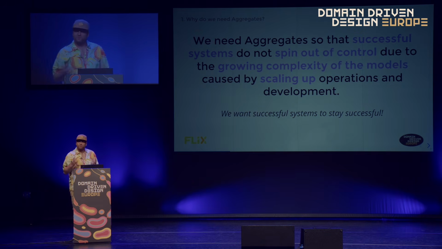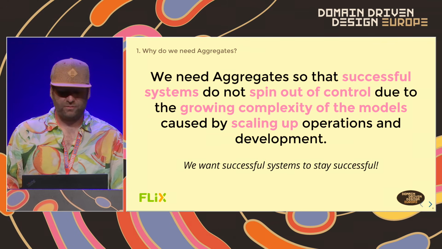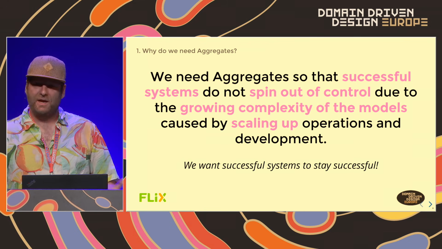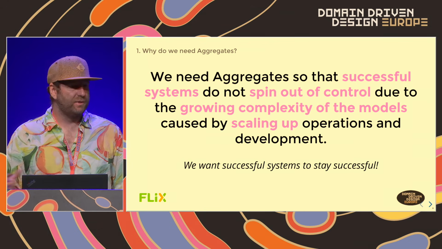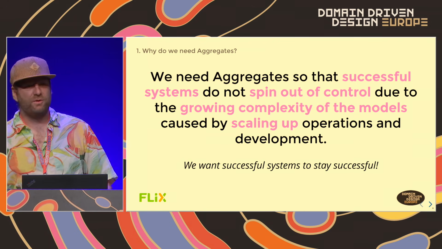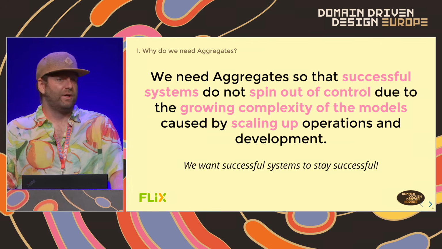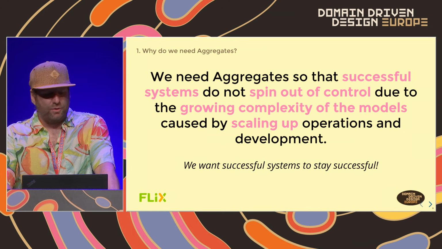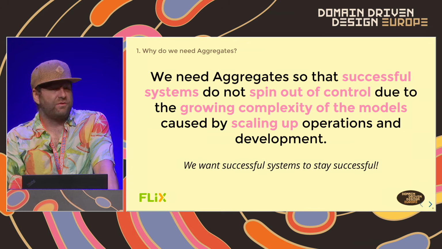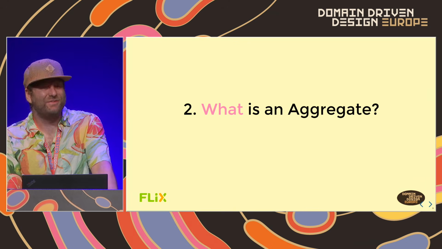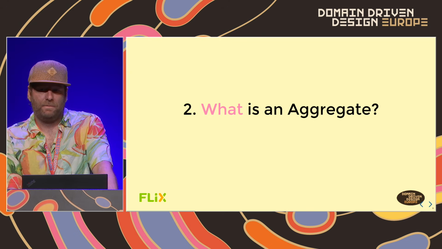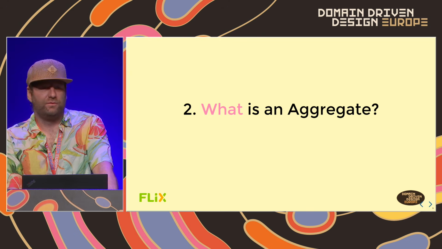Because the complexity is growing with the success of a system. And it's caused by scaling up this operation, scaling up the development, getting all of these new requirements, all these new features, and there's some unbounded growth. We want these successful systems to actually stay successful. That's the reason for the aggregate.